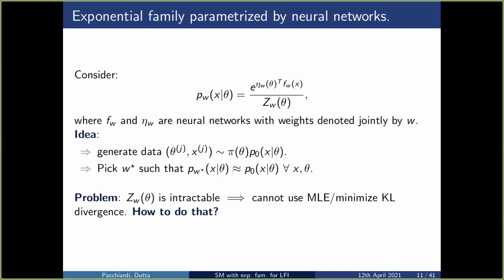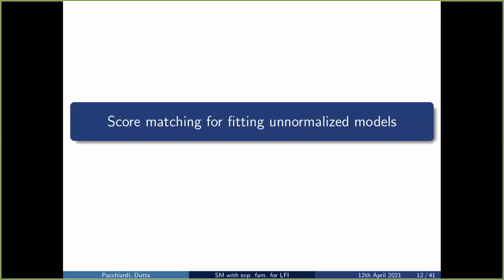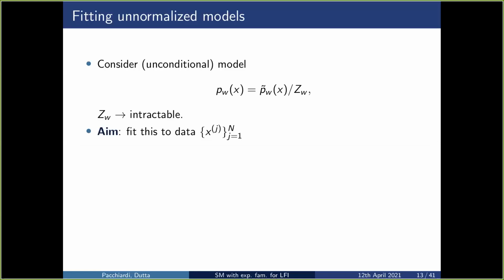But anyway, let's try to solve it when we do not have any idea what Z_W is. How do we do density estimation in this setup? Our solution is score matching for fitting unnormalized models. We are considering a model P_W(x), where P_W tilde is the unnormalized density divided by the normalizing constant Z_W, which is intractable, and we want to fit it to the data, a simple problem that we want to solve here.